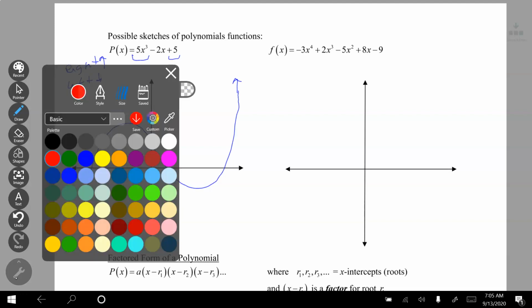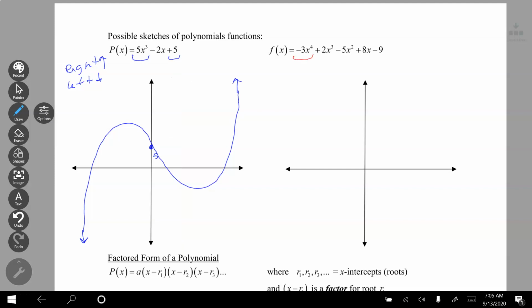Next example. Okay, -3 means the right side goes down. X to the 4th means the left side also goes down. And -9 is the y-intercept, which I could just put here. So the right side goes down, the left side goes down, and I could have up to 4 x-intercepts and 3 turns.